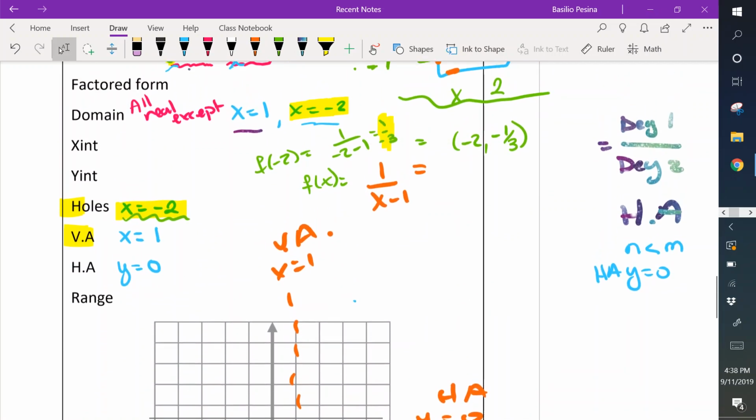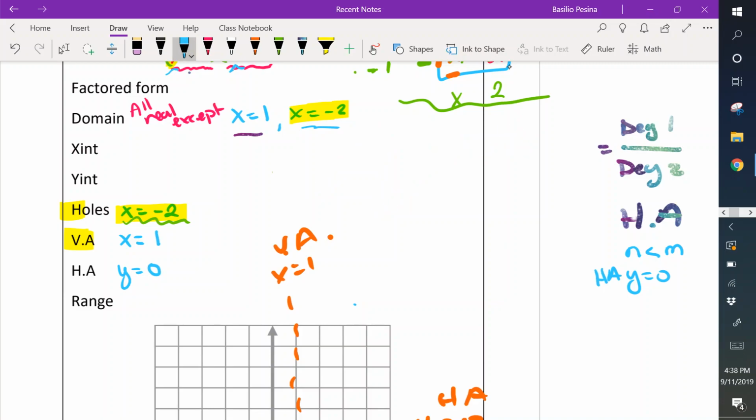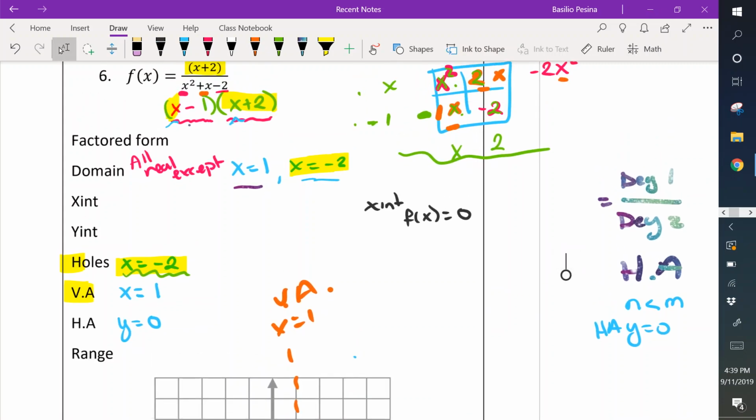Okay, now what I'm missing next is the x and y intercept. So let me make myself some more space. I can find the x-intercept by getting my function and setting it equal to 0. So that is x plus 2, and then we can pick the factor form, I really don't mind, over x squared plus x minus 2 equaling 0, which is the same thing as saying 0 over 1.